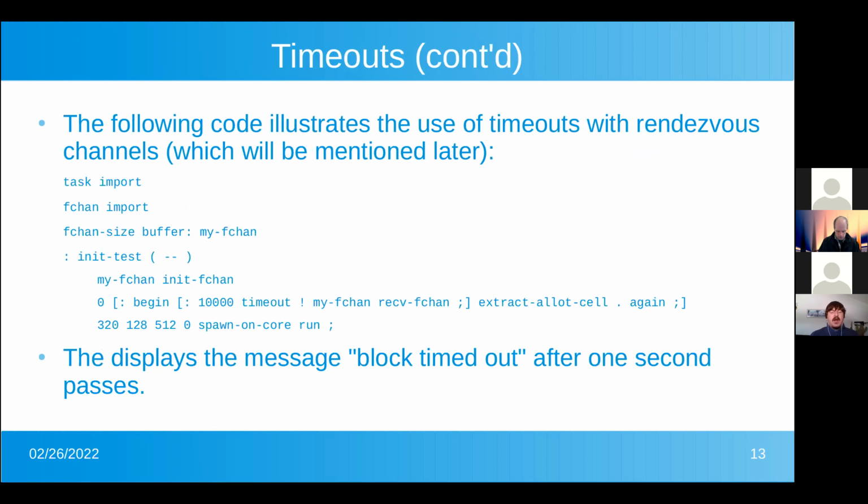As we see here, this will wait a second and then output block timed out because it's waiting to receive a message on a rendezvous channel, and it never receives it.